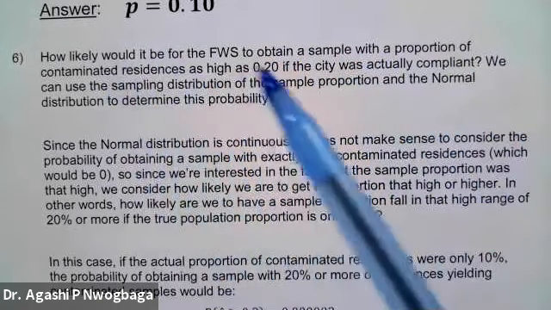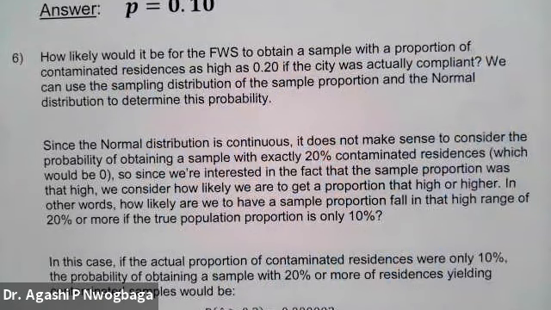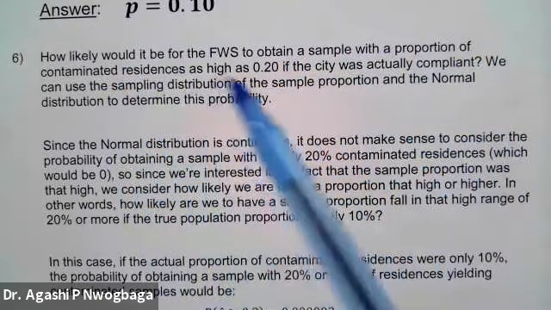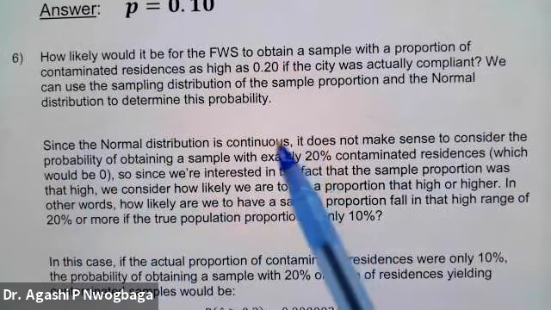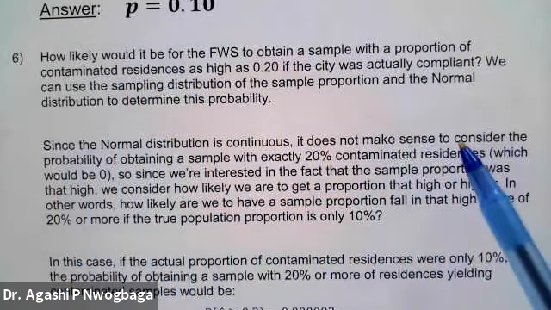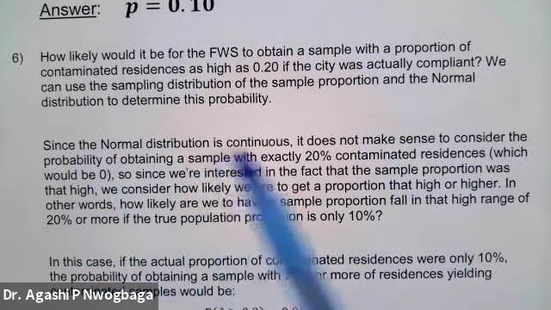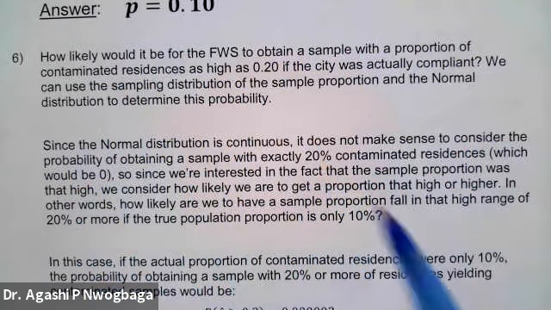We can use the sampling distribution of sample proportion and the normal distribution to determine this probability. Since the normal distribution is continuous, it does not make sense to consider the probability of obtaining a sample with exactly 20% contaminated residences, which of course would be 0.